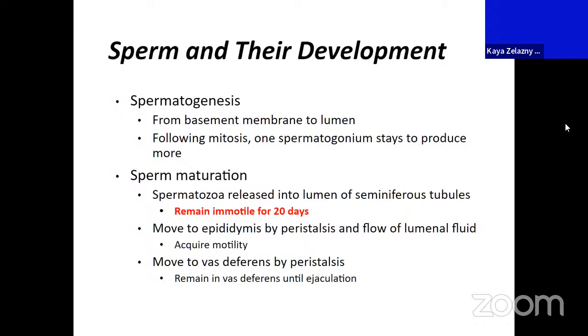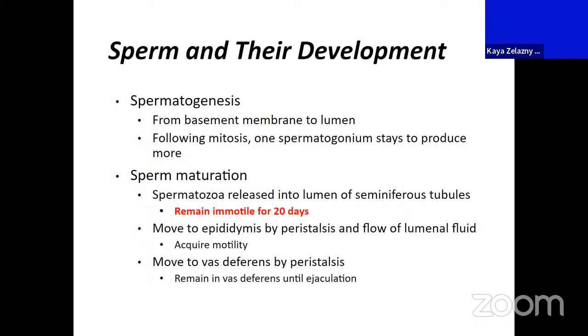So they're not going to become motile until they move out of those seminiferous tubules and out of the testes. This is why I was pulling up that cross section of the testes beginning. We're going to be moving from the seminiferous tubules and the testes into the efferent ductules into the epididymis.